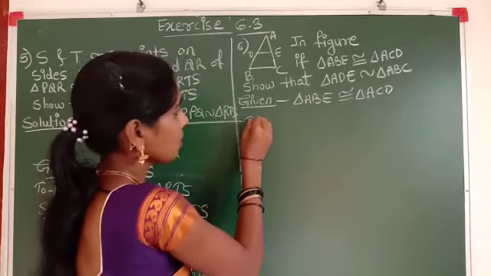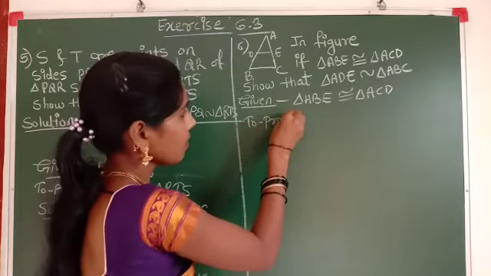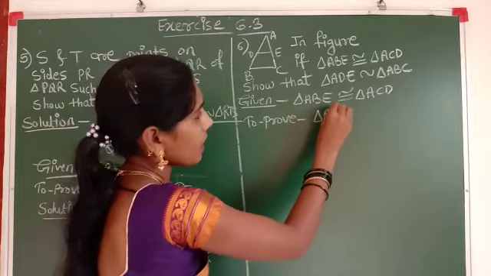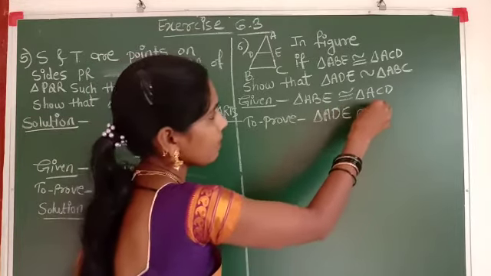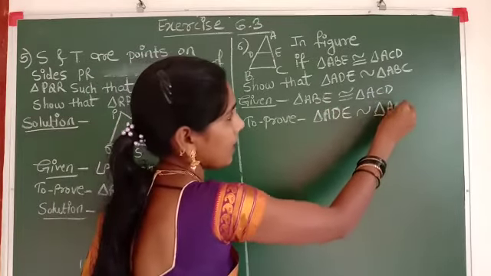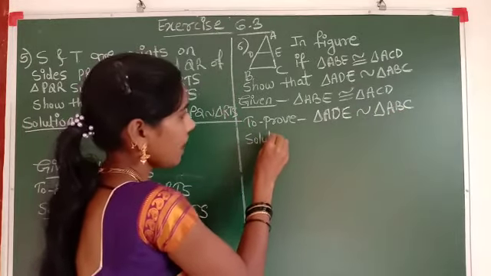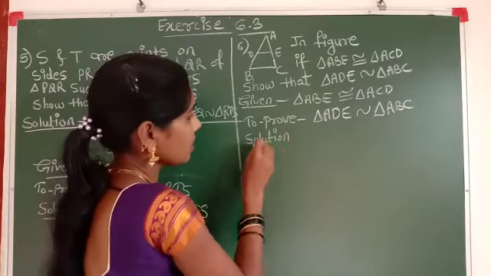Next, to prove, what we have to prove here? Triangle ADE is similar to triangle ABC.